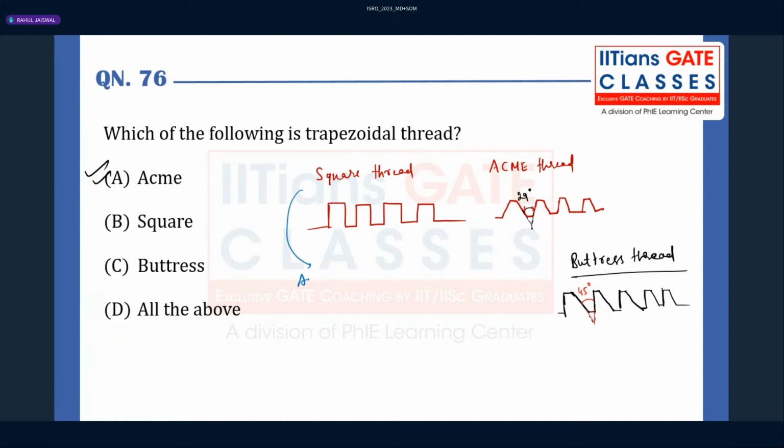What is the square thread application? It is used in screw jacks. Among all, it has the highest efficiency for transferring power.